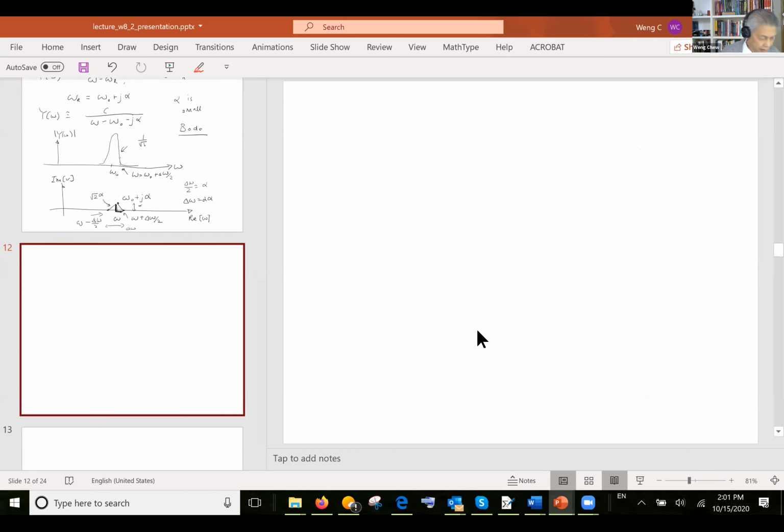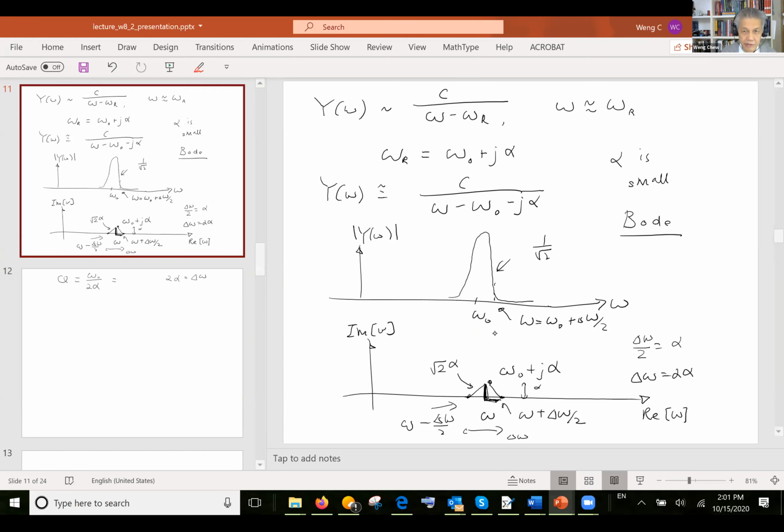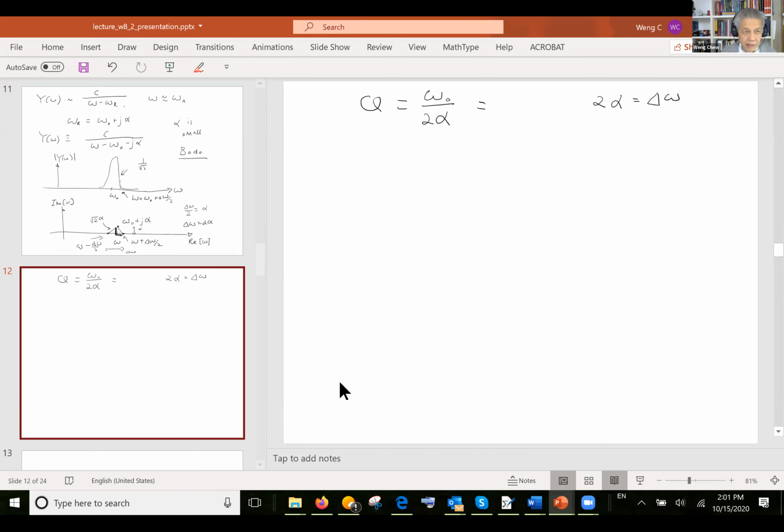And so you can also show that the Q is related to omega naught over 2 alpha, but you can show that 2 alpha is actually the bandwidth. Okay, 2 alpha is the bandwidth, as you can see from this picture over here. If this is alpha, 2 alpha is the bandwidth, and hence you can also write this as omega naught over delta omega.